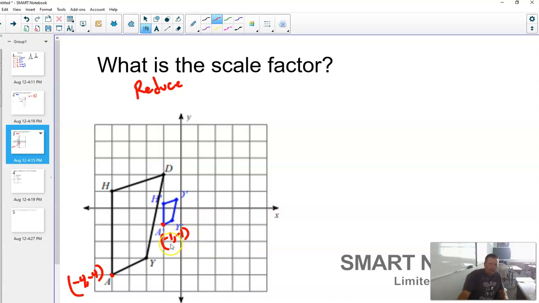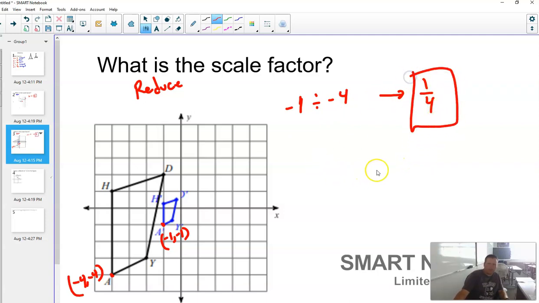So I always take, again, the post image divided by the pre-image. So I'm just going to go -1 divided by -4, which that's just going to give me, again, 1/4. Just happen to have the same value there, but it does give me a positive value.